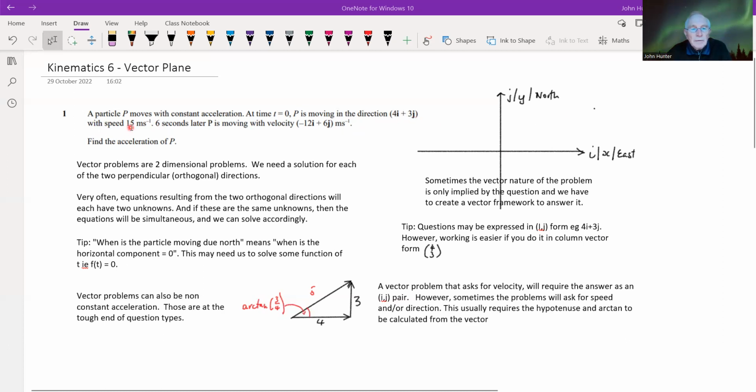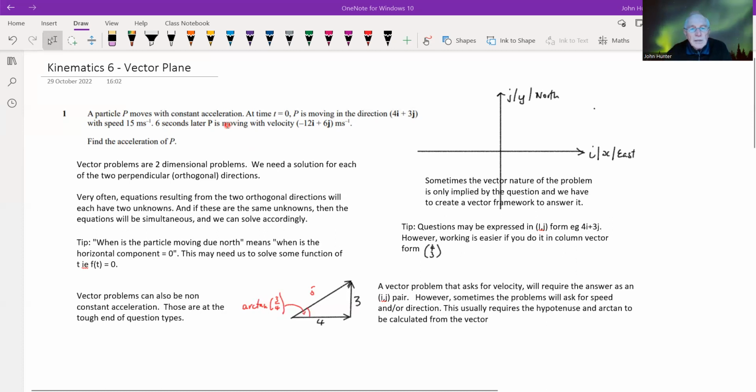And with speed 15 meters per second, 6 seconds later, P is moving with a velocity of minus 12i plus 6j. It's coming backwards in the horizontal sense, but still going upwards at the same time. Right, I'm not going to solve that right now. This is just to illustrate these sorts of problems, to give us a bit of context.